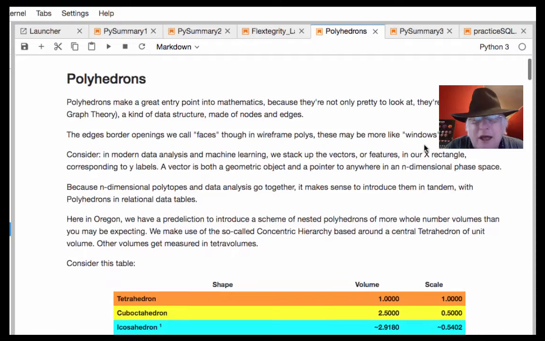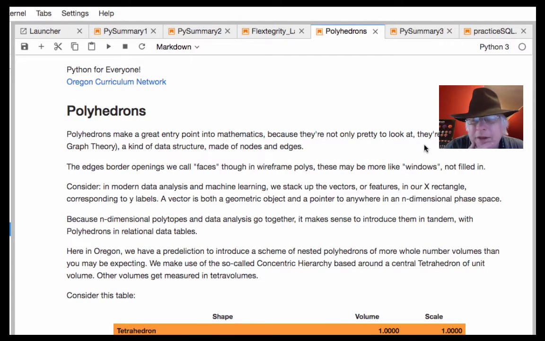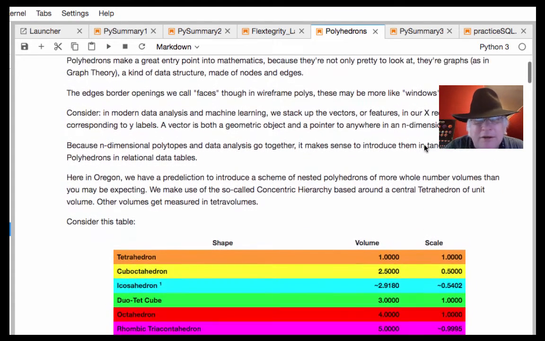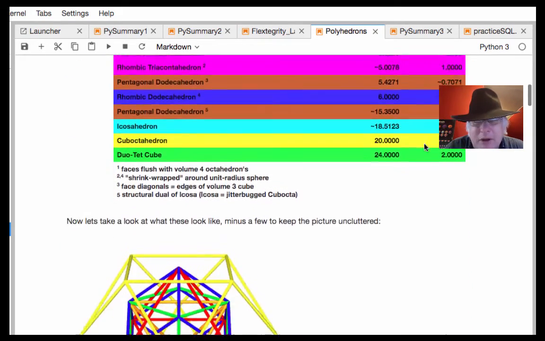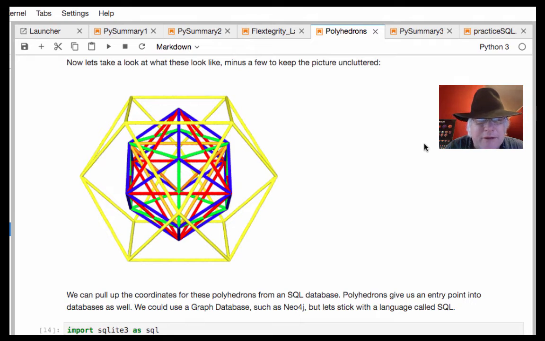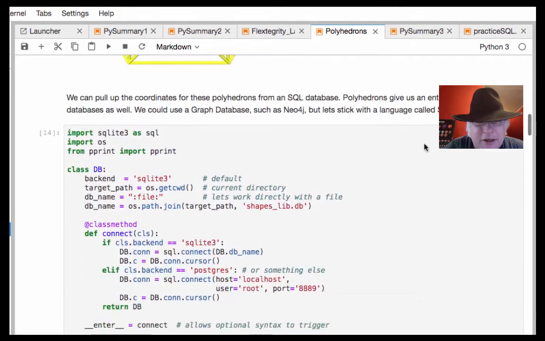So take a look at the IVM, right? As a part of literature, you can do it that way. And then realize that the polyhedrons carry over into serious computer science because they're graphs anyway. A polyhedron is what we mean by graph as opposed to a plot, which is more like a chart.